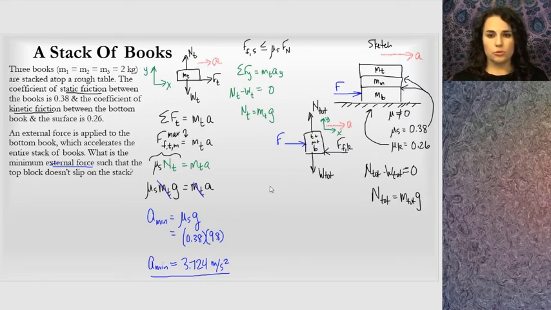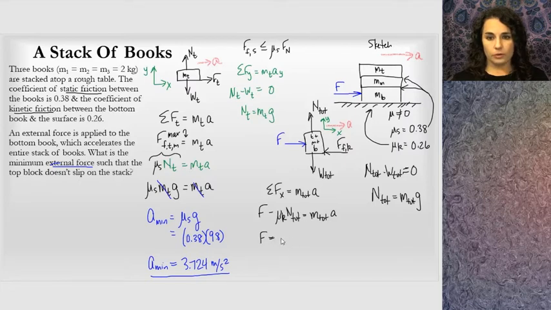Let's do Newton's second law in the x direction on the total. All right, M total times A. This is all of it. I'm going to have F in the positive direction minus the force of friction, kinetic. So that'll be mu K times the normal force, which has to equal M total A. We're trying to solve for F, so I'm going to move this term over to the other side.